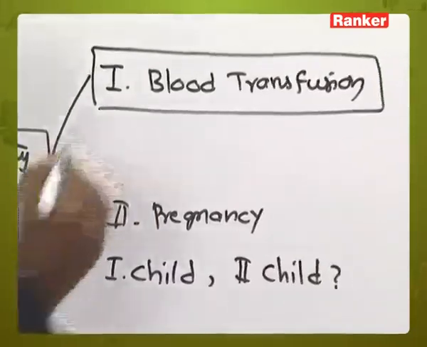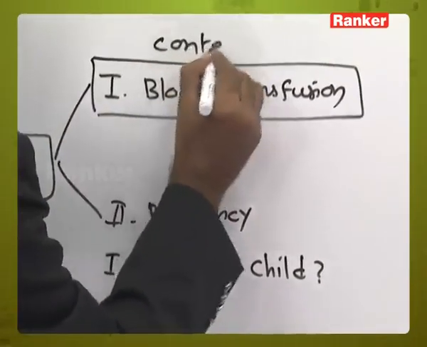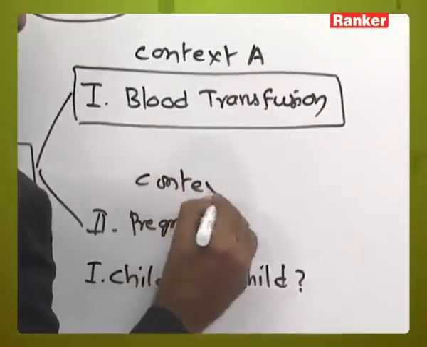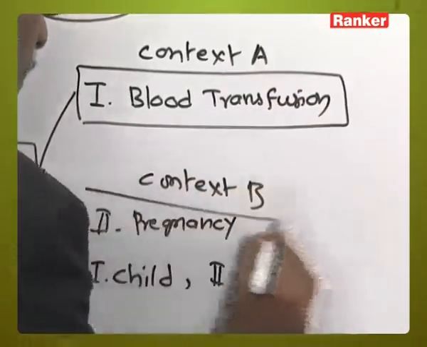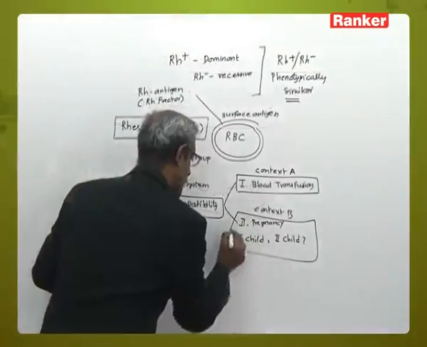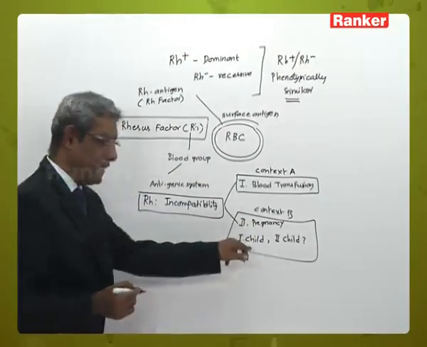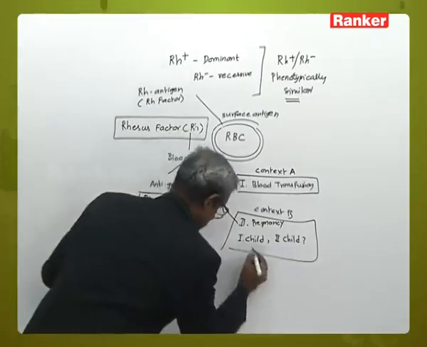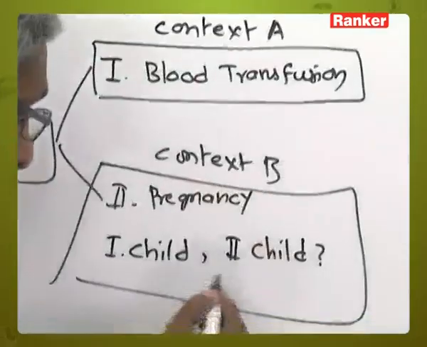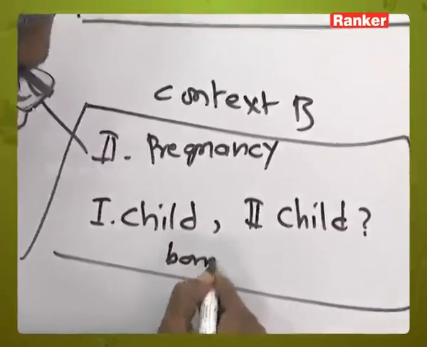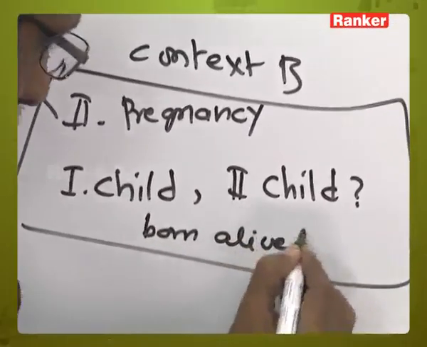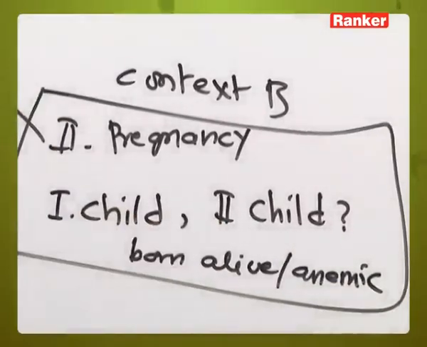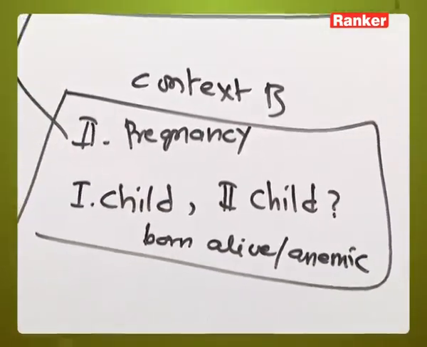Situation, context number 1, context A, and next is context B, wherein we want to know exactly what happens to Rh during pregnancy and how Rh affects the baby being born alive or anemic, in either the first child or the second child.